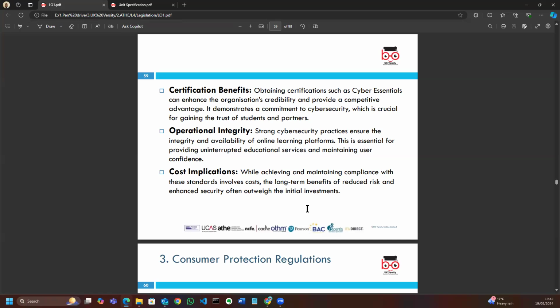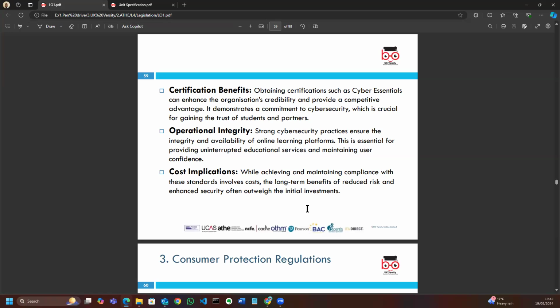Operational integrity, where strong cybersecurity practices ensure the integrity and availability of online learning platforms, which is essential for providing uninterrupted educational service and maintaining user confidence.